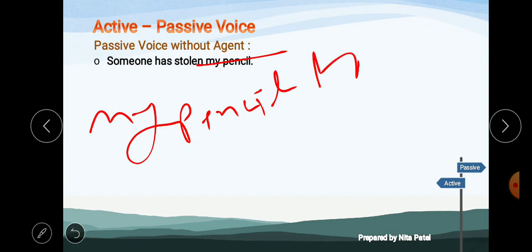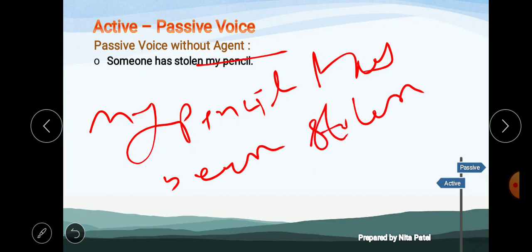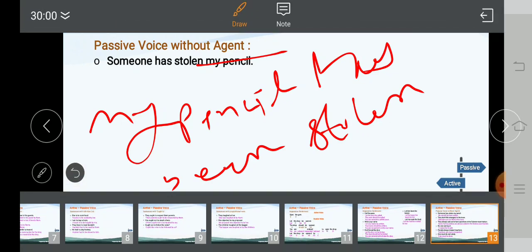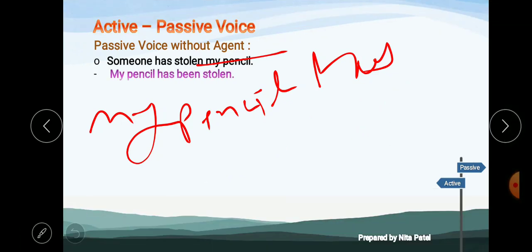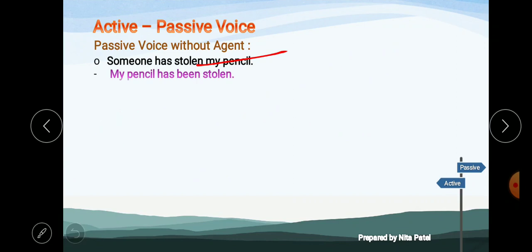Has is there, auxiliary has, we put the to be form been, stolen. My pencil has been stolen by someone. Now if I say by someone, it doesn't make any sense. So we don't require this by someone. We can cut it. My pencil has been stolen. We don't need to write someone.